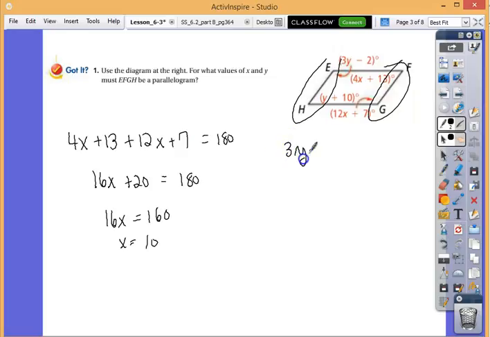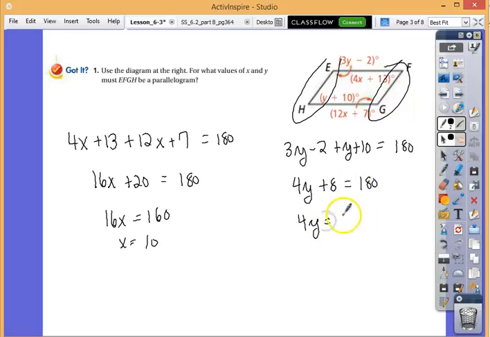So 3y minus 2 plus y plus 10 equals 180. My y's combined, y plus 3y is 4y, minus 2 plus 10 is plus 8. Then 4y is equal to 172, and y is equal to 43.